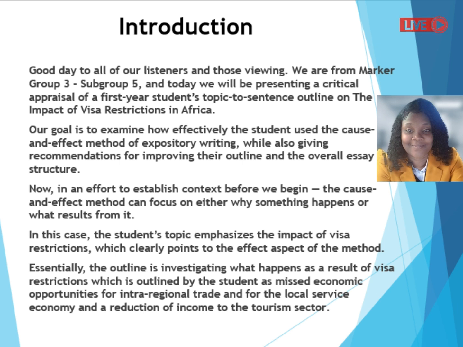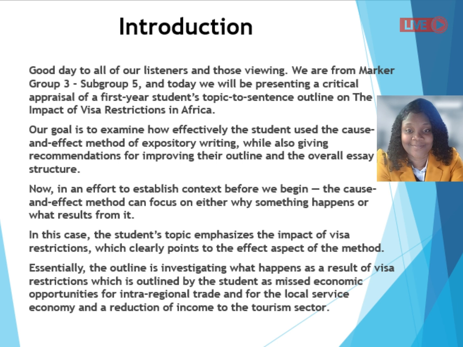Now, in an effort to establish context before we begin, the cause and effect method can focus on either why something happens or what results from it. In this case, the student's topic emphasizes the impact of visa restrictions, which clearly points to the effect aspect of the method.